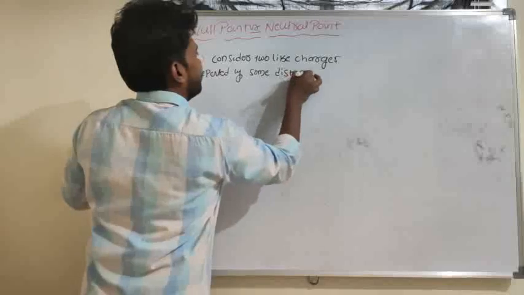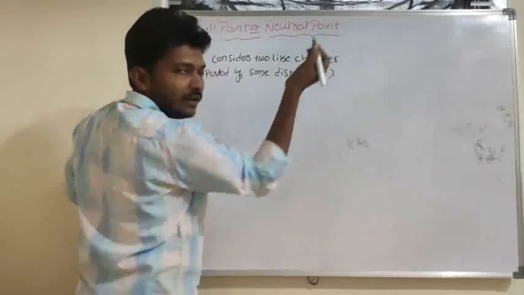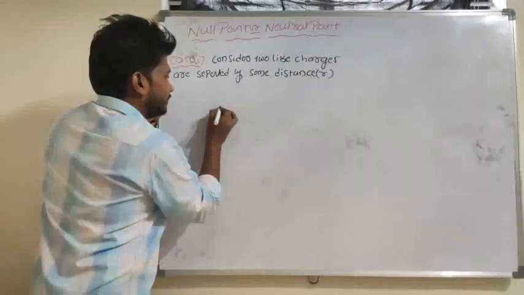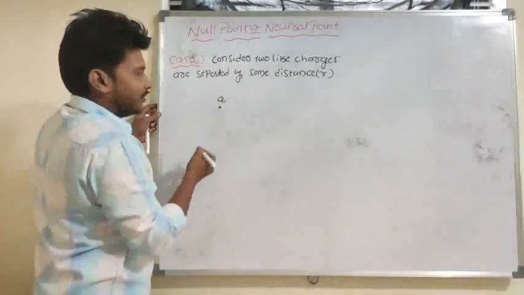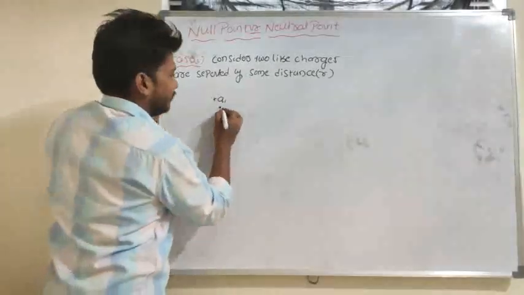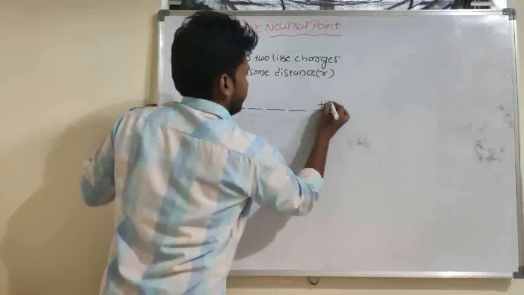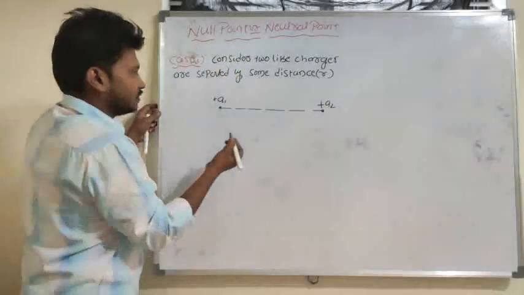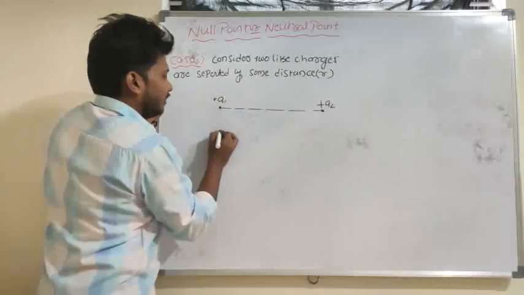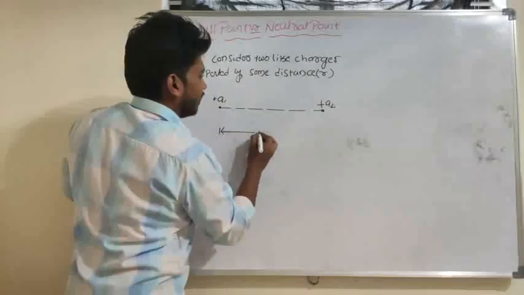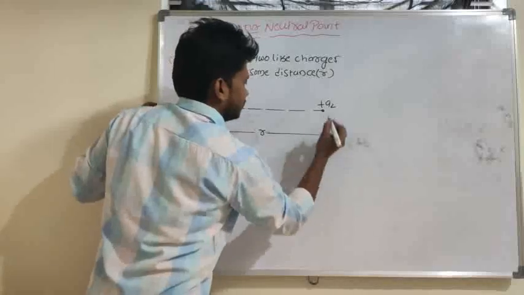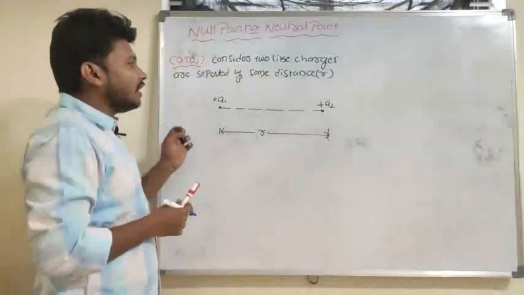That distance I will name r here. For example, this is charge plus q1, and another charge plus q2, two similar charges, and the distance between these two charges is r.